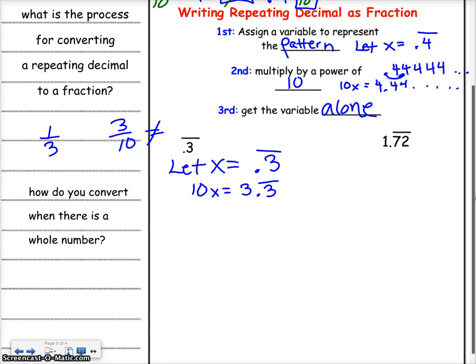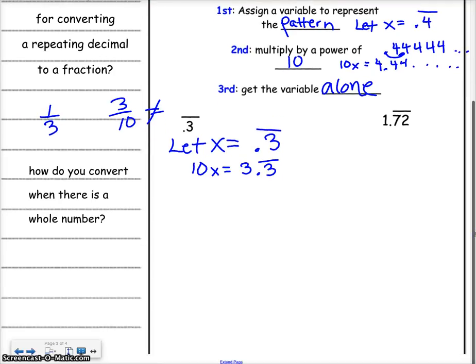So I have 3, and then I still have a repeating 3. Now watch what I'm going to do. I'm going to get rid of the pattern. The pattern is x, so I'm going to take the pattern away. 10x, take away 1x, I have 9x's left. My pattern cancels out, and I'm left with 3 on the right-hand side.